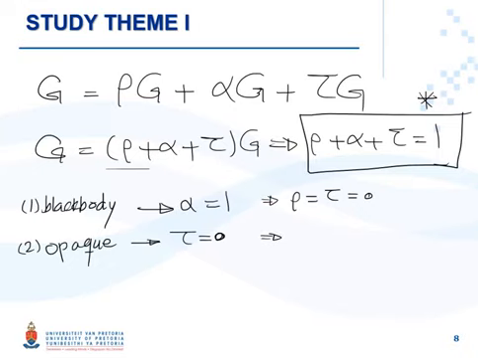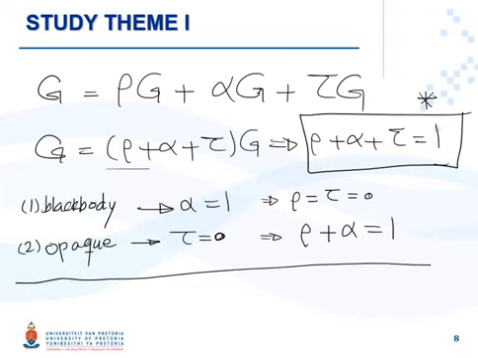So finally we end up with reflectivity plus absorptivity equal to 1. Those two surfaces are really important to keep in mind. It's also good to know that for gases, the reflectivity is equal to 0, so we will have absorptivity plus transmissivity equal to 1.